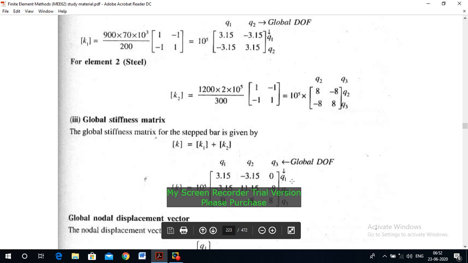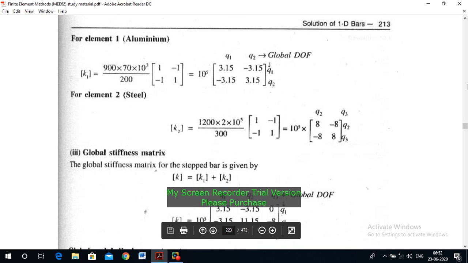First we need the element corresponding to node 1, row 1 and column 1. In matrix 1 the element corresponding to row 1 and column 1 is 3.15, but in matrix 2 there is no element corresponding to column 1 and row 1.